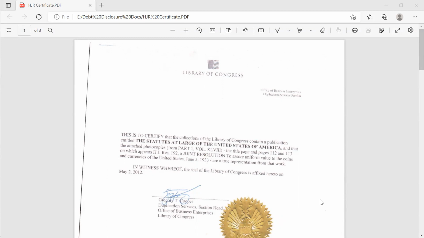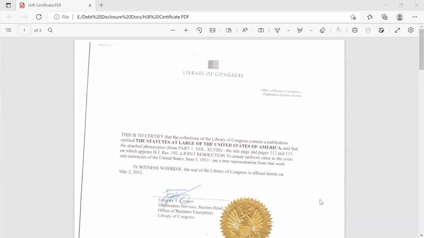Send everything by registered mail and request a return green receipt, which is known as postal form 3811, or you can get an electronic signature, whichever you prefer.